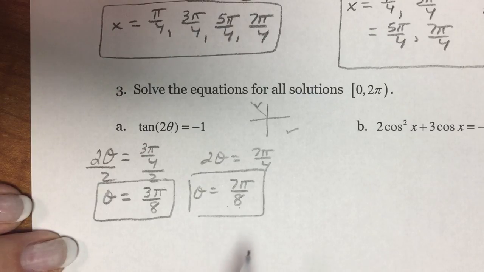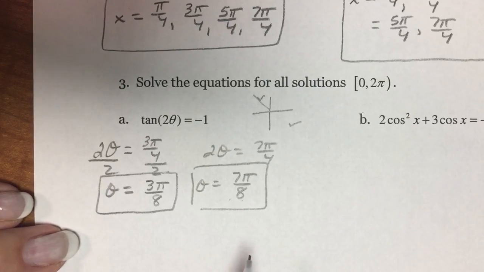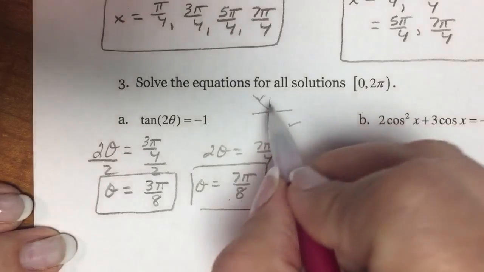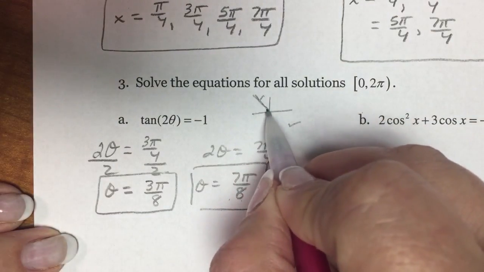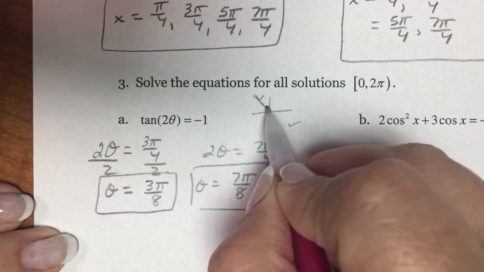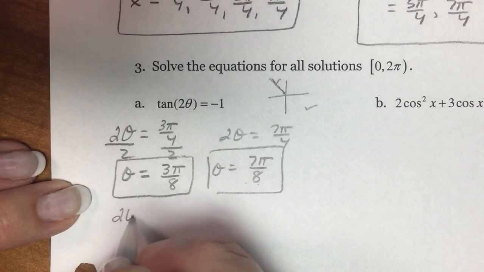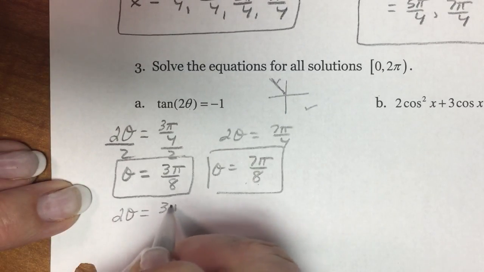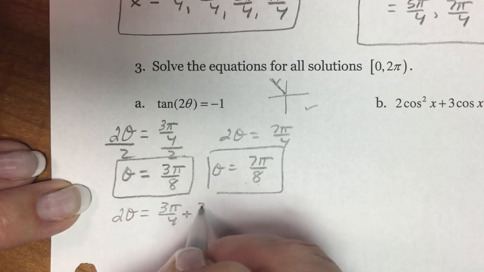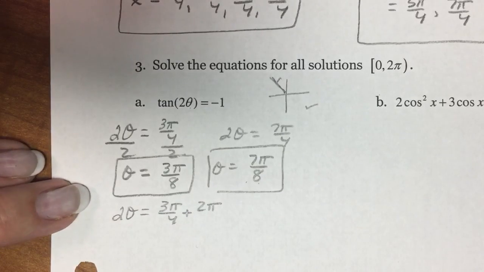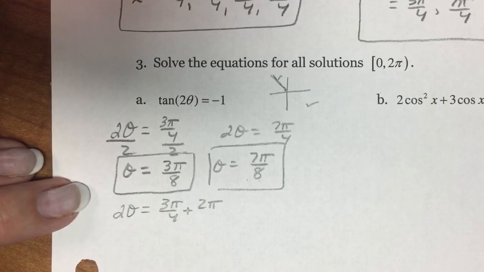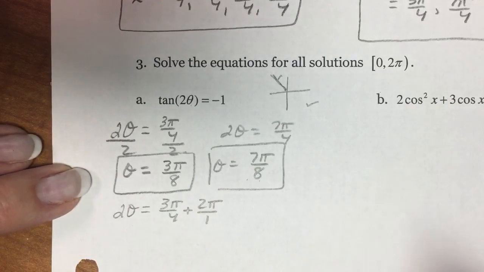So here's what you have to do in this situation. Look carefully. This angle, remember, was 3 pi fourths. I need to find another angle that looks exactly like that. So I'm going to take 3 pi fourths and add 2 pi, because remember, that just gives me another angle. Well, let's see.